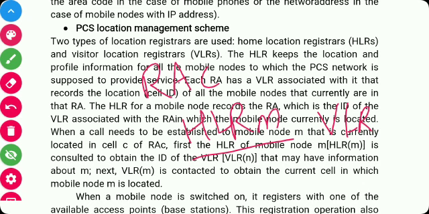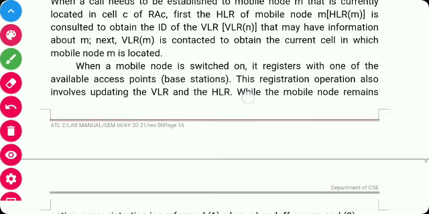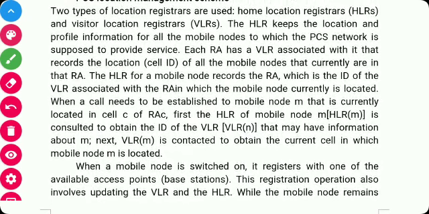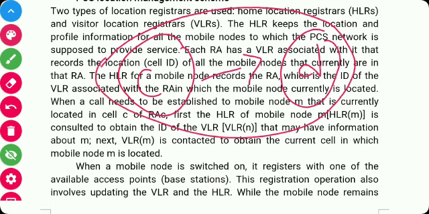Now, when a mobile node M moves from cell C to cell D, two scenarios are possible. In the first, both cells C and D are in the same registration area.